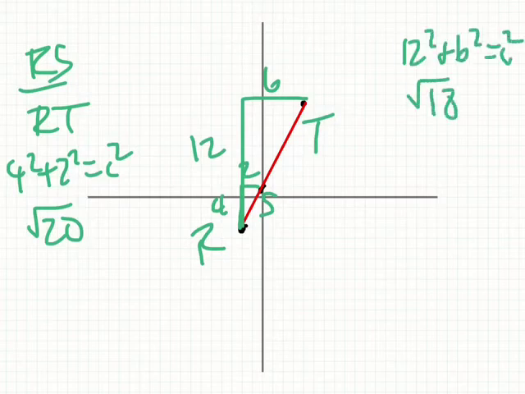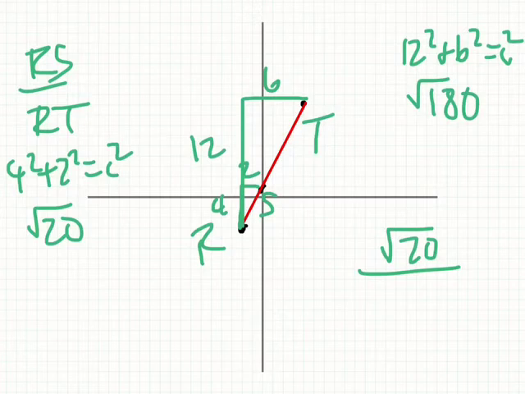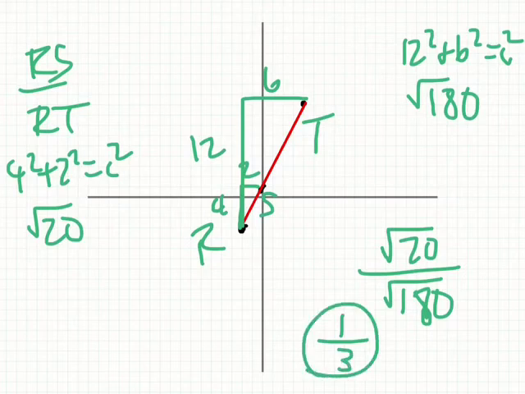Okay, and you get radical 180. And so then they want RS over RT, radical 20 over radical 180. Put that in your calculator. Don't cancel. You can't cancel the 20 and the 180. Well, you could create one square root, but put that in your calculator. You get 0.3 repeating, so it's 1/3.